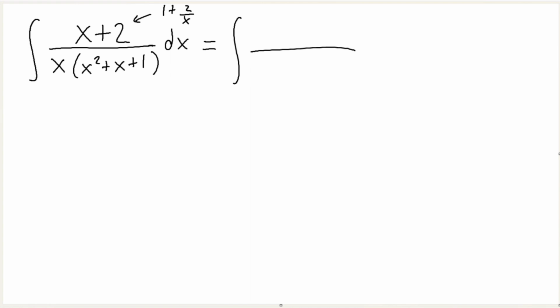But this still doesn't give me anything. This numerator doesn't give me anything compared to this. So I'm going to divide by x again, and I'll get x plus 1 over x, and this would be 1 over x plus 2 over x squared.